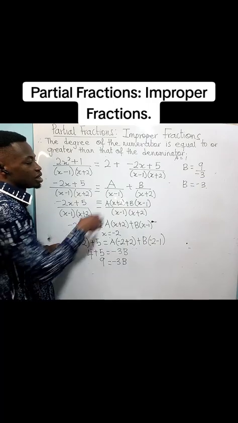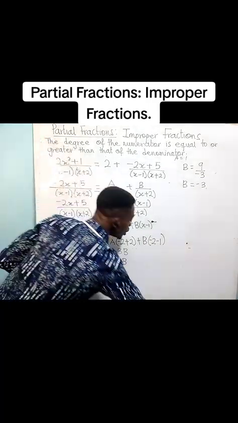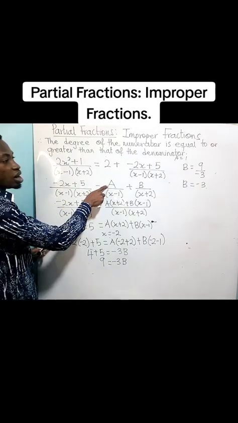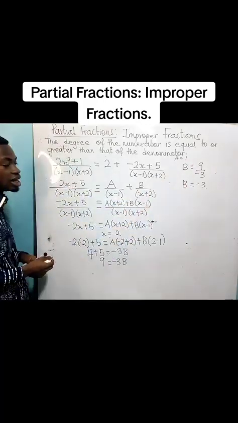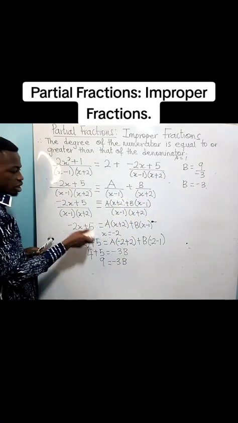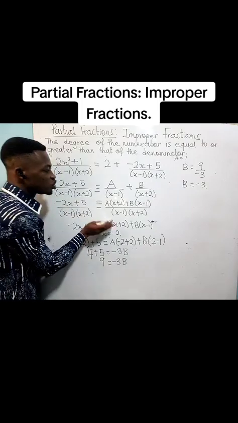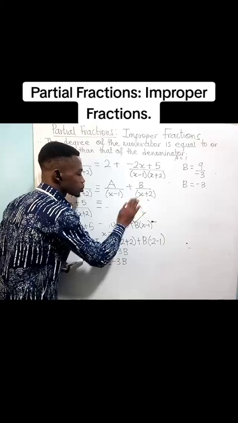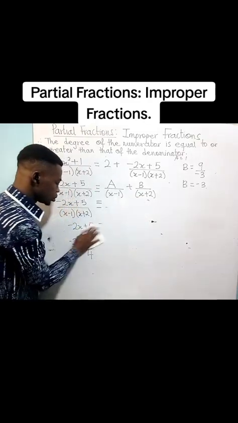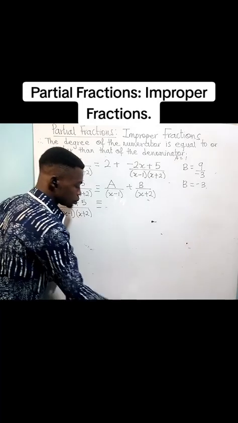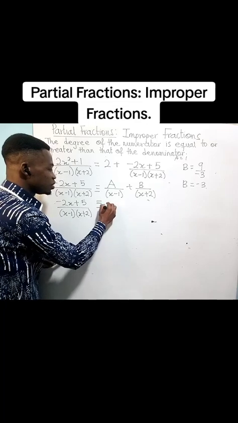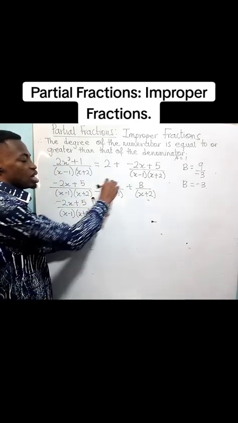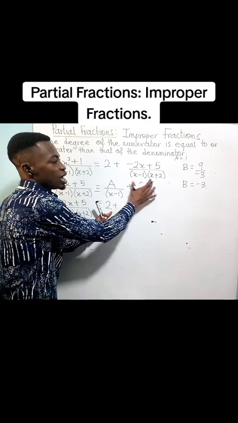So now what do we do? We come back and substitute. Now we know our A as positive 1, our B as negative 3. So now what we have here will be written as, we had this as the quotient, so our positive 2 comes, and then now plus what we had here.